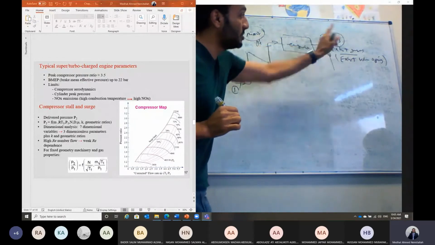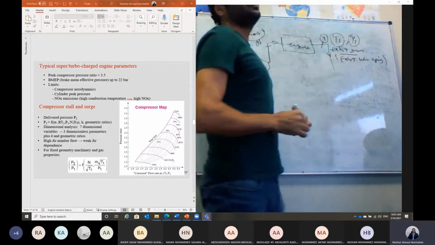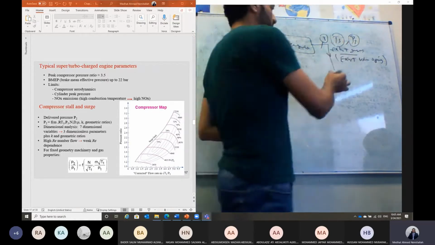Then the temperature of the gases will be T3, and the pressure of the exhaust gases, let's say, will be P3. This pressure and temperature of the exhaust gases will be delivered to the turbine.